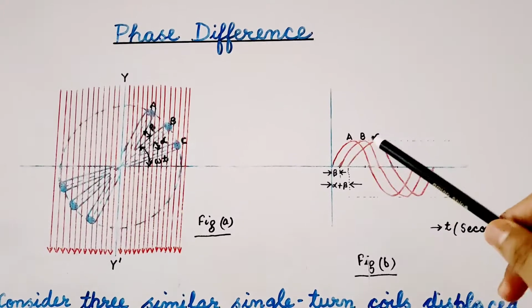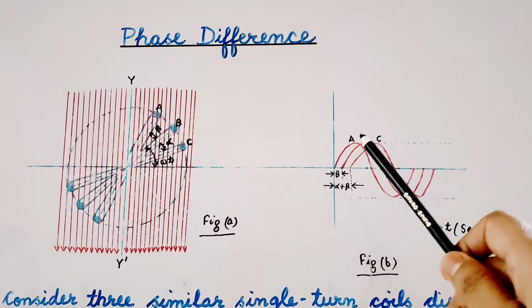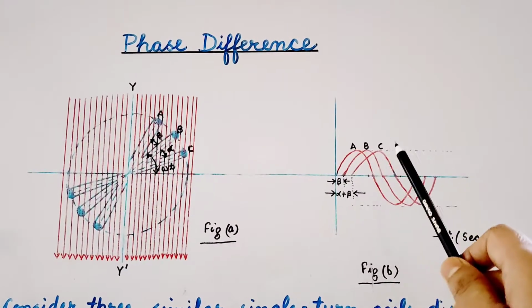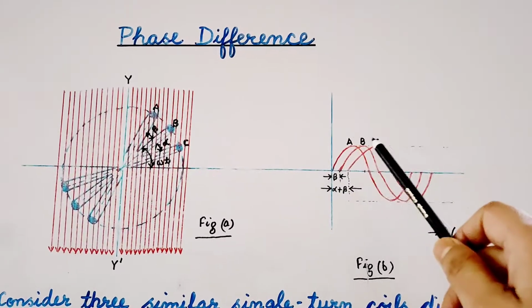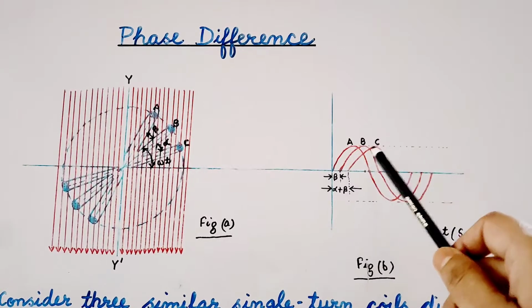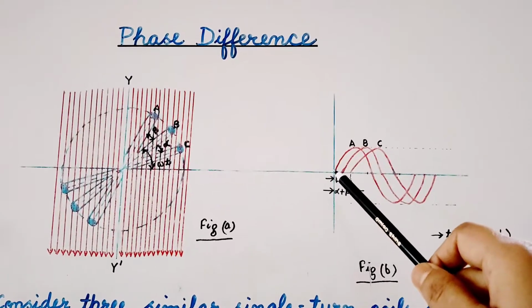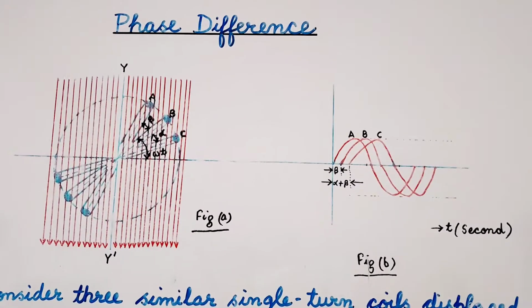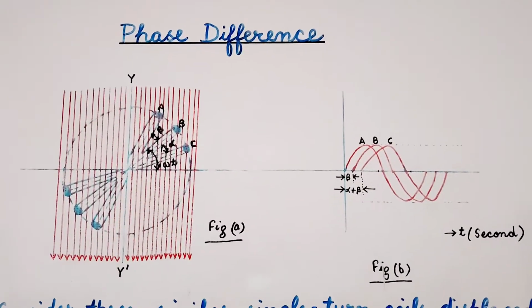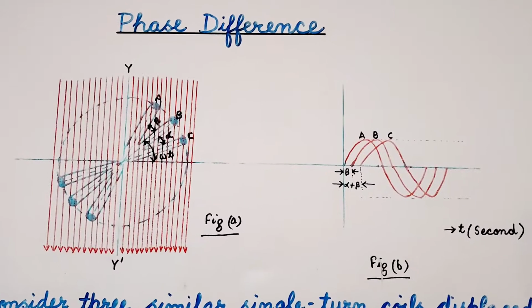So from these three sinusoidal waves of the coils A, B and C, we find that the maximum value of the induced EMF is same in each case, but the zero and the maximum values of all the three coils do not reach at the same time, but one after the other.